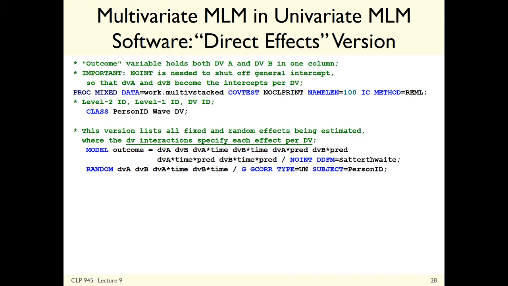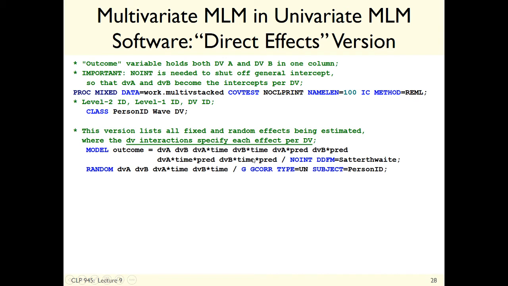It's a column of ones, right? That's what an intercept is. So I've shut off the shared intercept, and I've turned on separate fixed intercepts for each DV. Likewise, DVA by time, that's the fixed effect of time for DVA. DVB by time, that's the fixed effect of time for DVB.